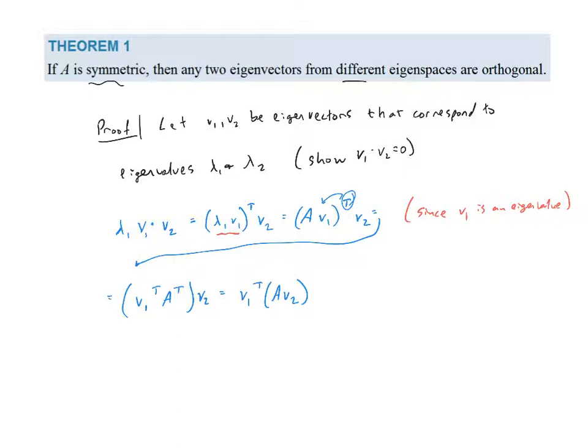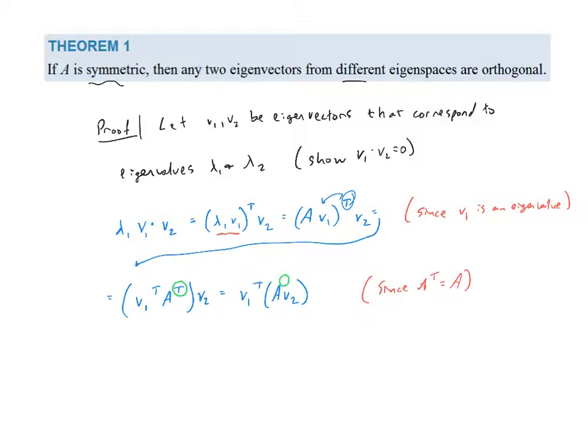Well, actually, I did two things, right? Here I have a transpose. Here I don't have a transpose. Now, why do you suppose that is? Well, what were we given right at the beginning of this theorem? If A is symmetric. So my reason here, since A transpose is equal to A, it is symmetric. Okay, so that's why I can just erase that transpose there.